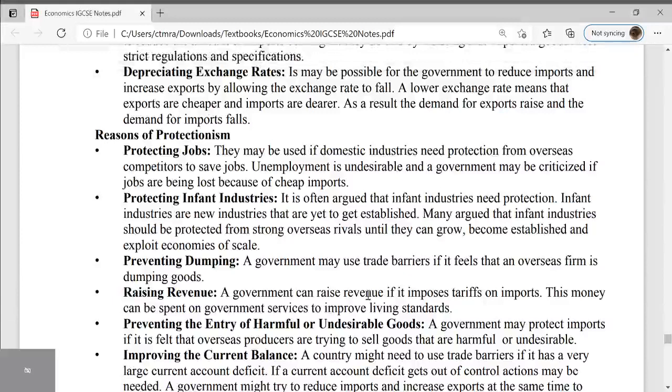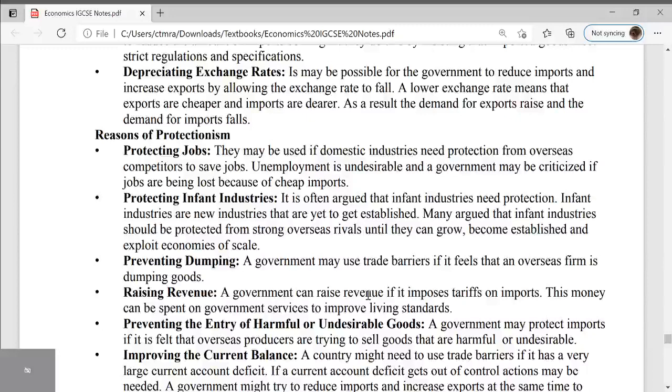Okay, so as there are new farms, it's very difficult for them. So as a result, if they are exposed to foreign competition, then they won't be able to survive, and they have to shut down their industries. Okay, so that's why government need to help them with protectionism.